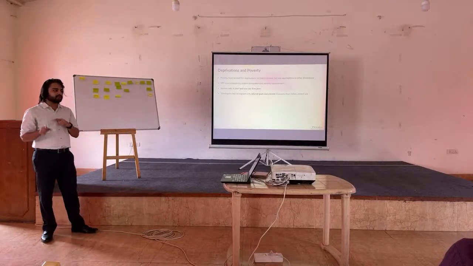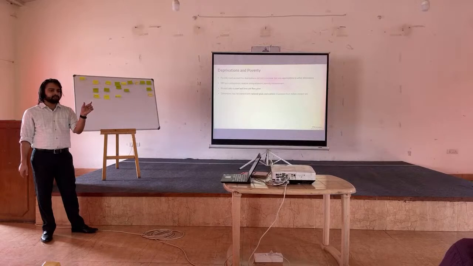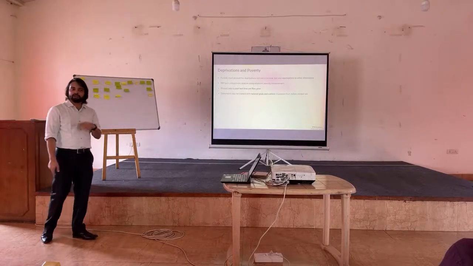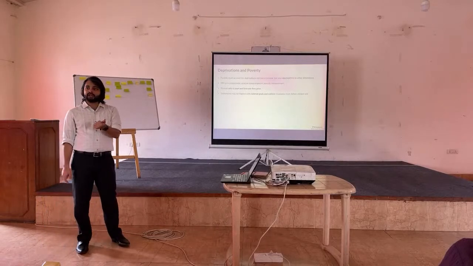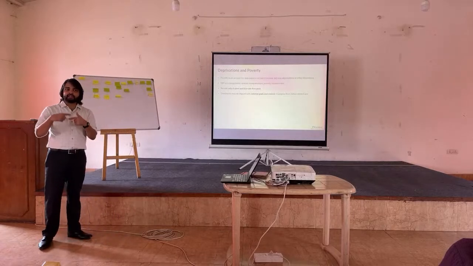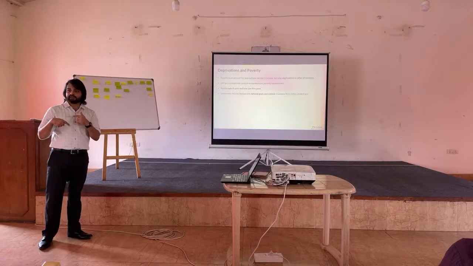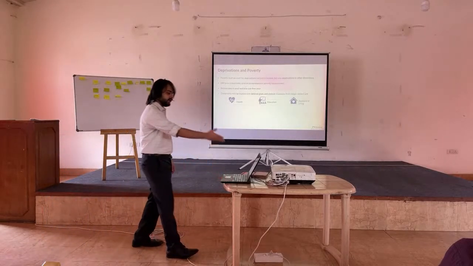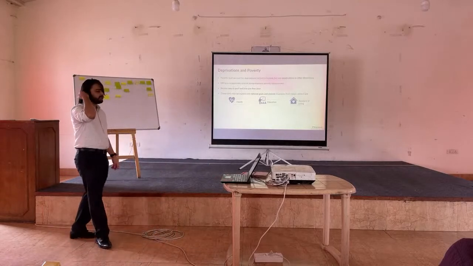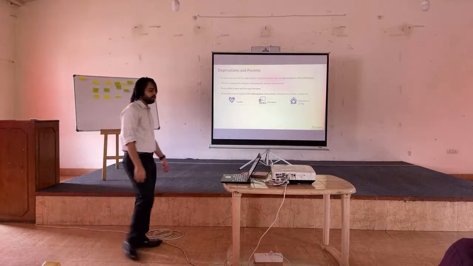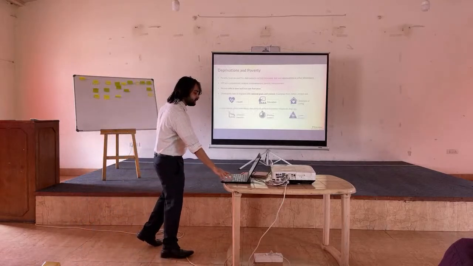We'll go into what those indicators are, but the concept of multidimensional poverty can be customized based on the constitutional understanding of that country and the level of development they're at. So it's a lot easier to tailor make that as opposed to income-based measures. In India, the dimensions we use are health, education, and standard of living. This is drawn straight from the UNDP or the OPHI measure, and we come to that in a minute.